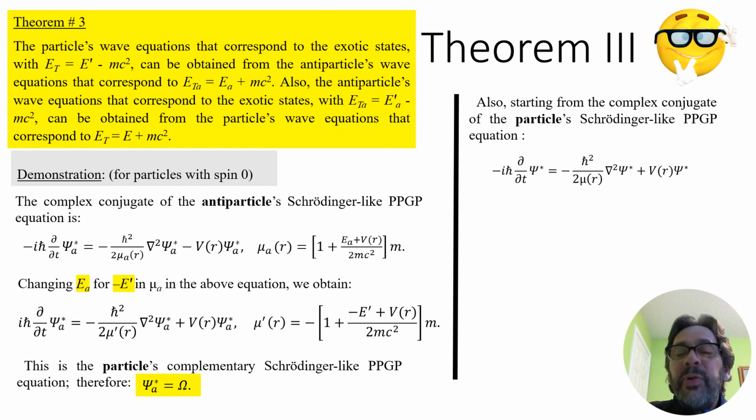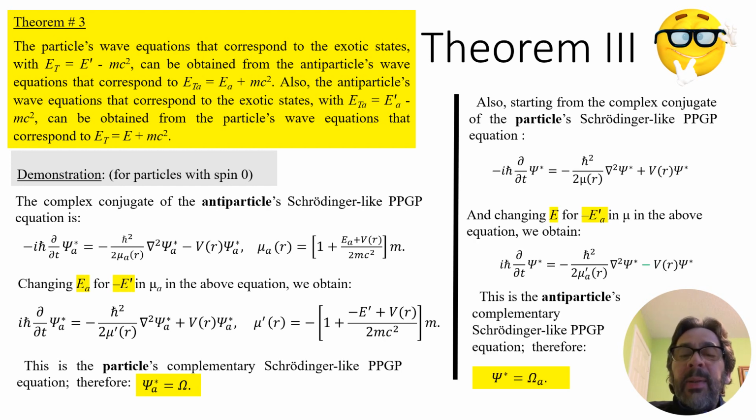Also, starting from the complex conjugate of the particle Schrodinger-like PPGP equation that is shown below, and making a similar substitution, but now changing E, the energy of the particle, for minus E prime sub A, the energy of the exotic state of the antiparticle, and making this change in the effective mass of the particle in the above equation, we obtain the equation below. This is the antiparticle's complementary Schrodinger-like PPGP equation.